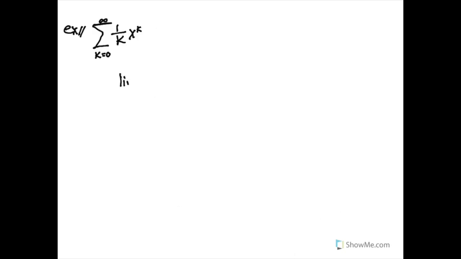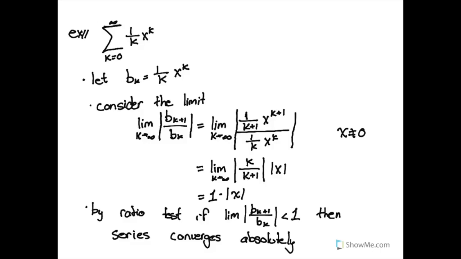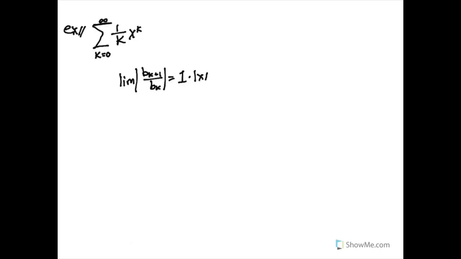The limit of bk plus 1 over bk is just equal to 1 times absolute x, and this is less than 1 if absolute x is less than 1.